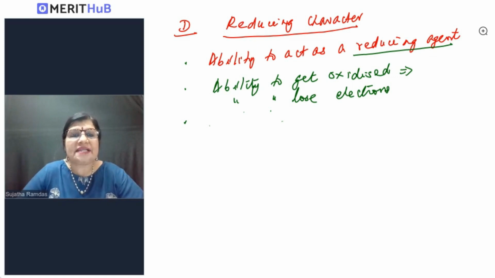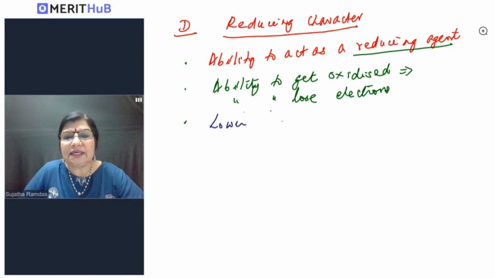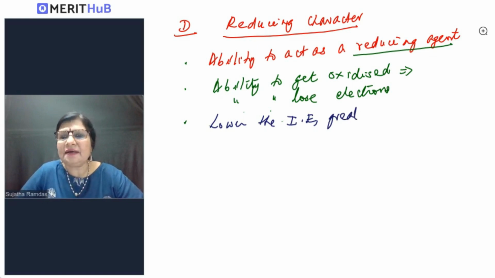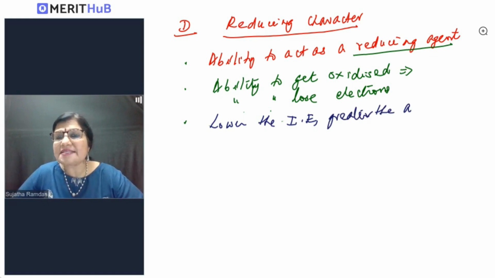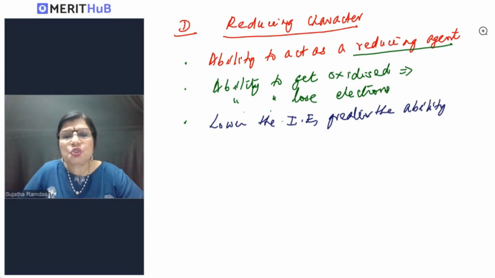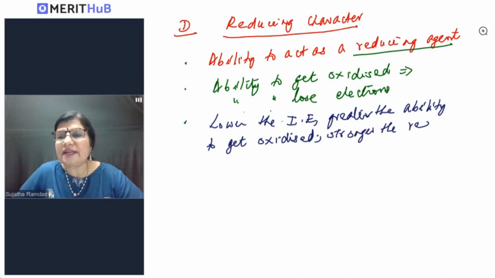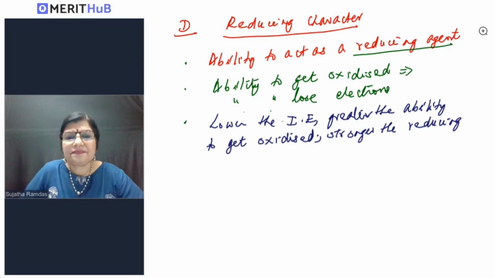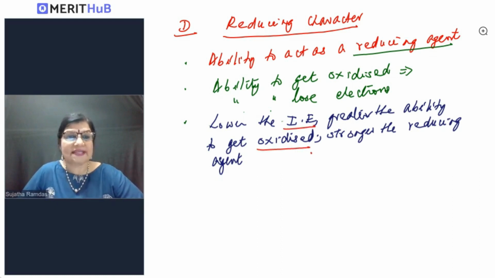So the next point in that order would be: lower the ionization enthalpy, greater the ability to lose electrons or to get oxidized, and hence, stronger the reductant or reducing agent. Okay, so this is the connection between ionization enthalpy, ability to get oxidized, and the strength of the reducing agent.